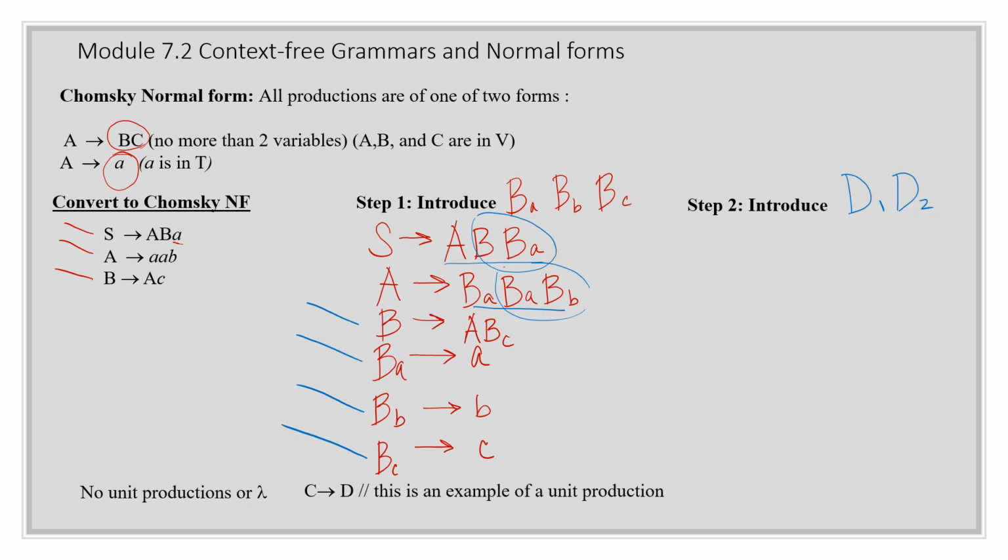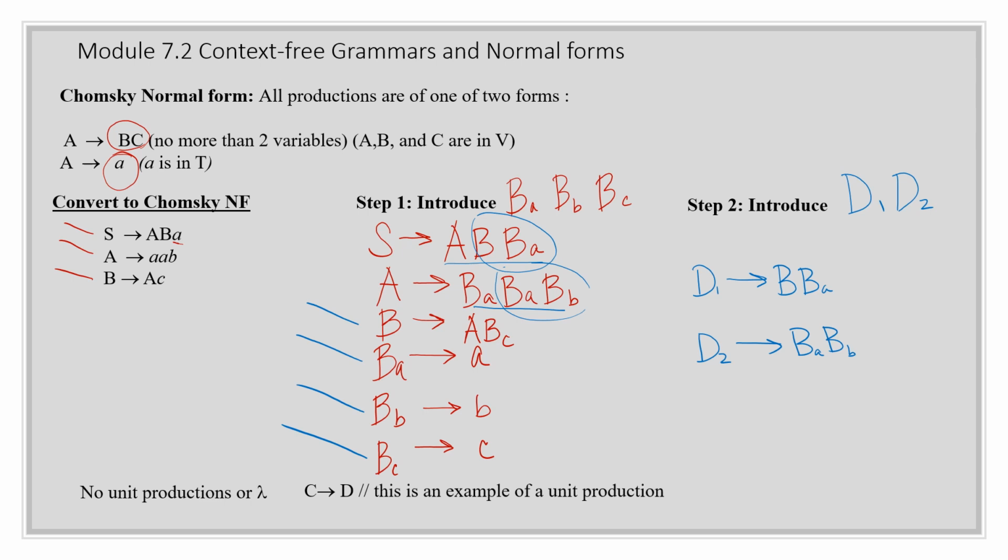So now we have these two new productions where the D1 production is B sub A, and the D2 production is B sub A, B sub B. So again, the names D, B, A don't really matter, whatever name you give the variable.